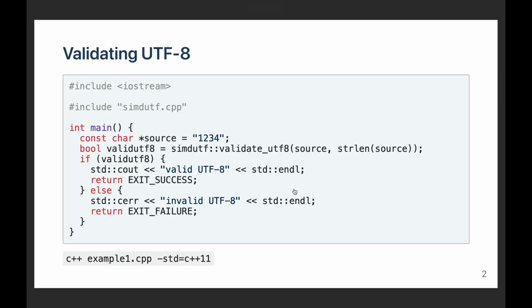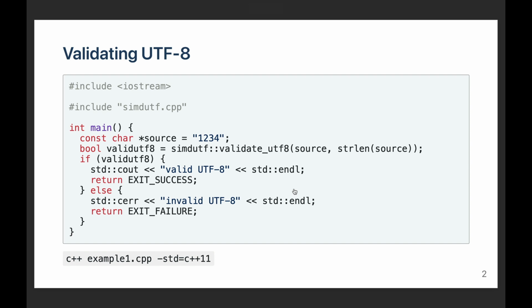As an example, let us consider this simple code that will take a UTF-8 input and check whether it's valid. For my example, I'm using a 4-character sequence made of the characters 1, 2, 3, and 4. Because it's an ASCII input, I do know that it's automatically valid UTF-8. As you can see, I'm using the simdutf namespace.